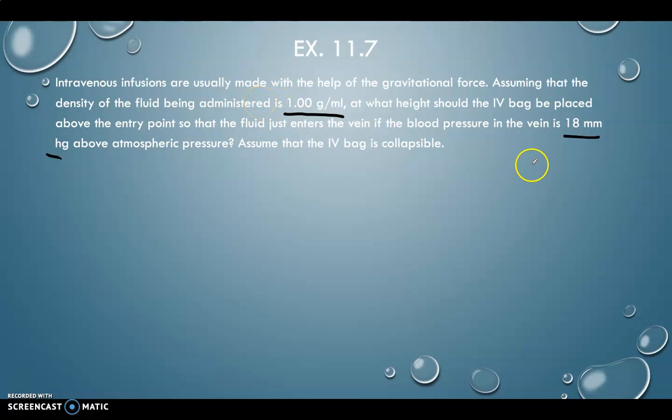Again, we want to know what height this bag should be placed. Remember that pressure is equal to our height times our density times our acceleration due to gravity.